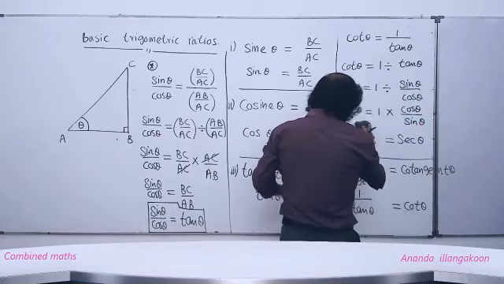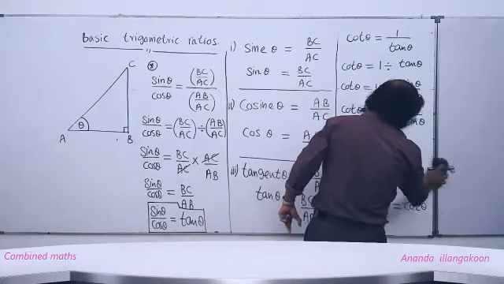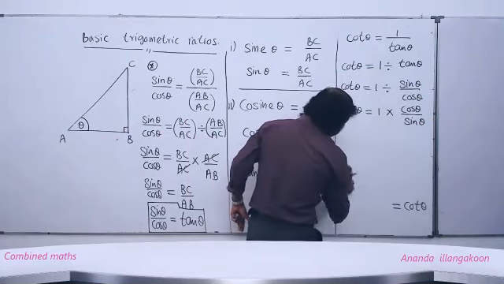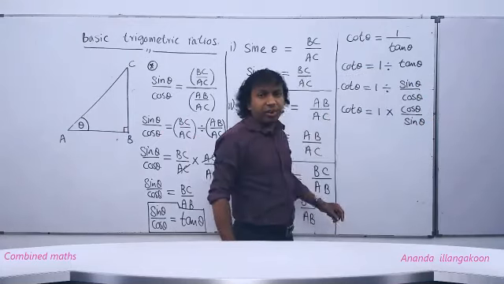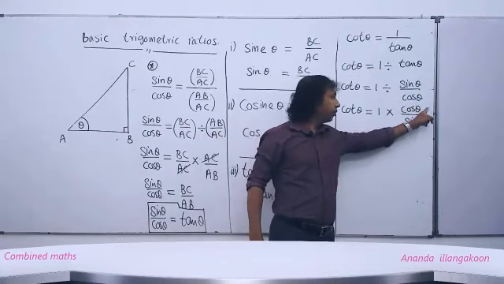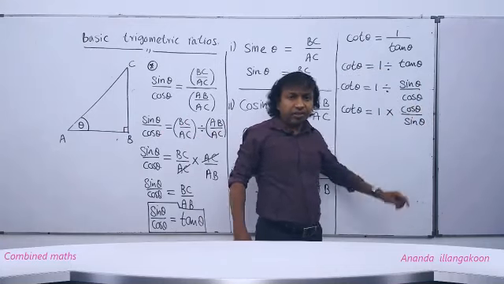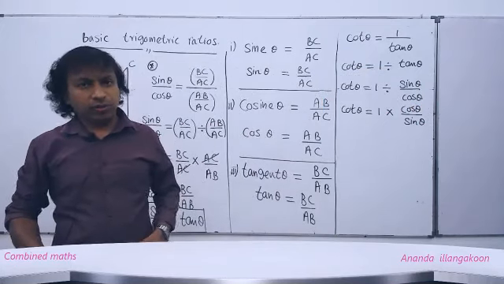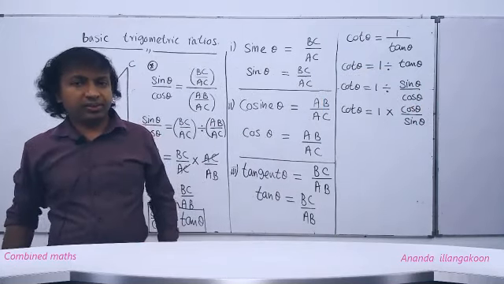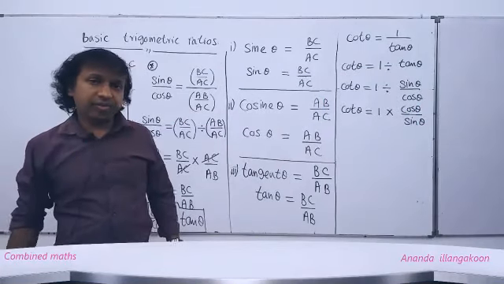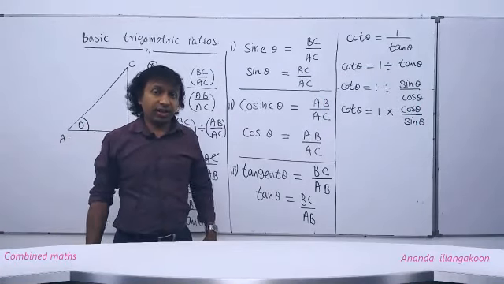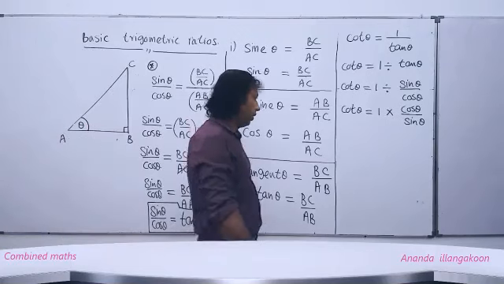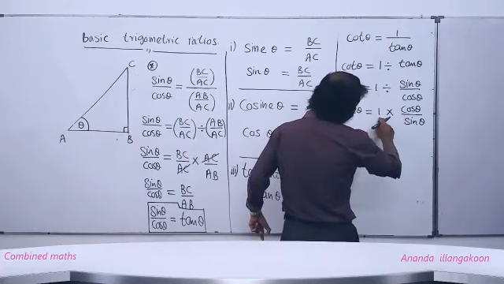Right. You know, when we multiply something by 1, the value does not change, people. So therefore here cos theta divided by sin theta when you multiply by 1, we get the same thing.